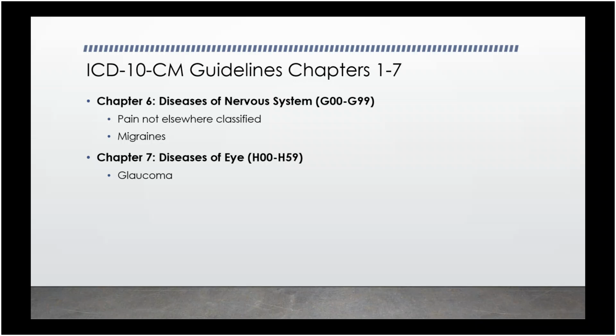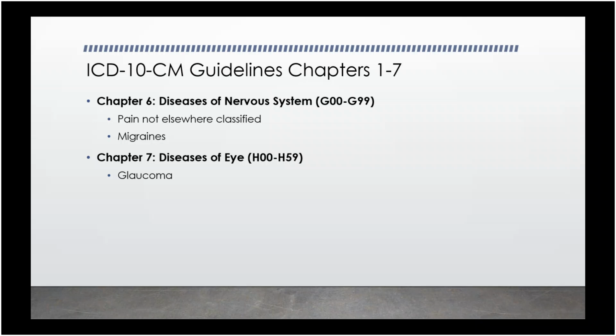And then the final 2 chapters that we have here are diseases of the nervous system, and chapter 7, which is diseases of the eye. Under the diseases of the nervous system, we focus on pain and migraines here. You're looking at acute, chronic, post-op, or neoplasm-related pain.